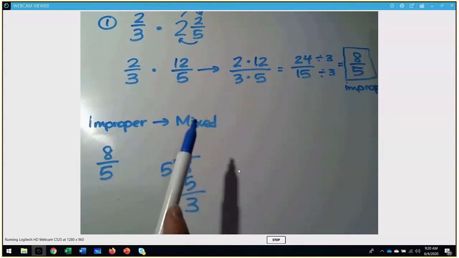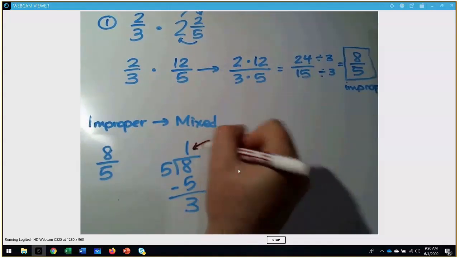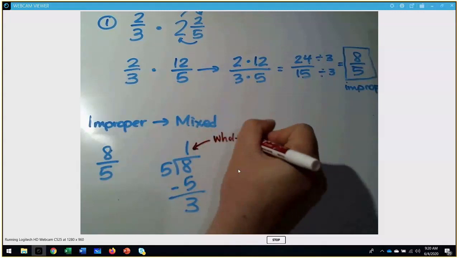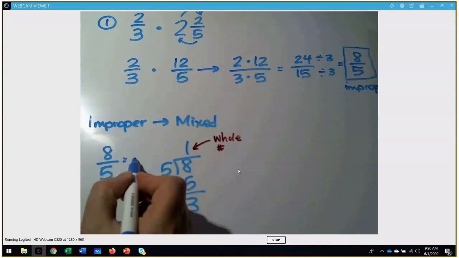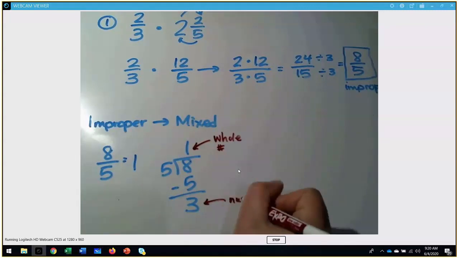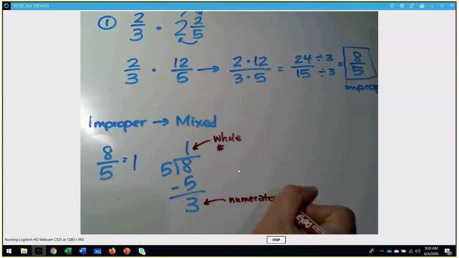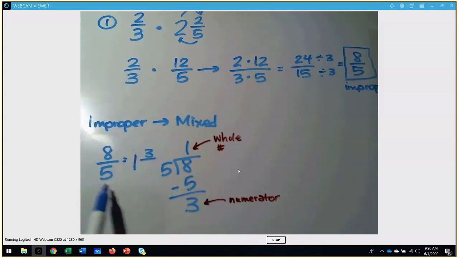If I want mixed number form, once I'm done, I have no other numbers left to bring down. This is all I need. The numbers that are in your answer become your whole number. So the 1 goes in front. Any remainder you have, if you have one, becomes the numerator. So in the mixed number, now it's the 3, and the 5 stays. The denominator stays.